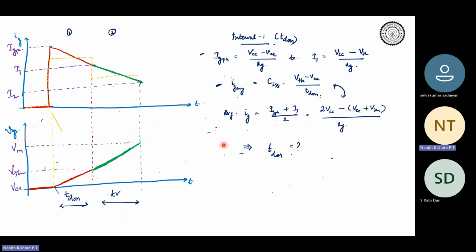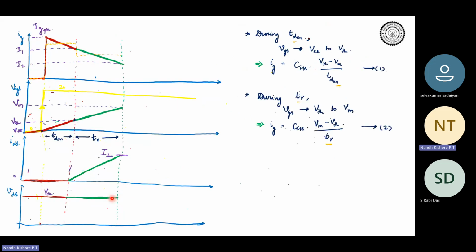But the question was to find out what is the rise time, right? TR. So what happens during TR? During the current rise time, your gate voltage increases from V threshold towards some point called VM, V Miller. We call this the Miller voltage, right? Gate voltage increases from V threshold towards VM.